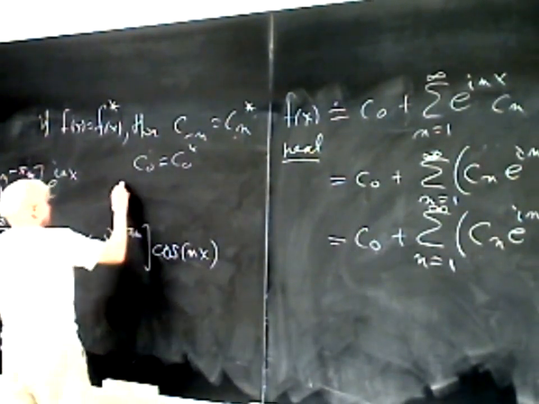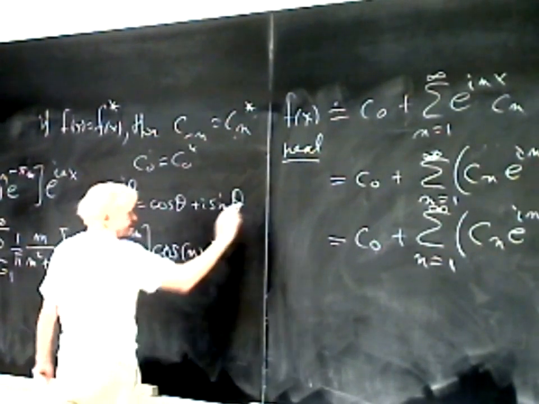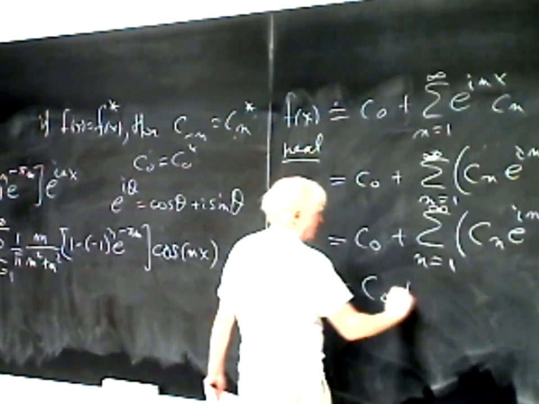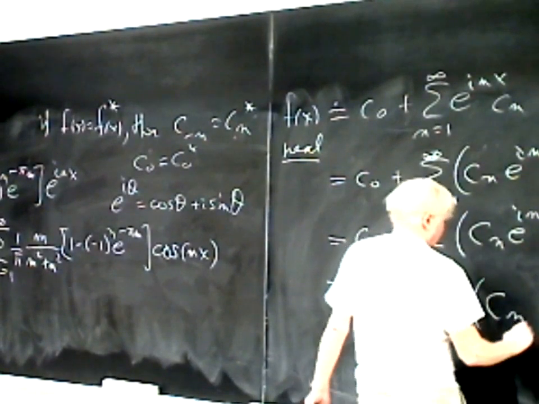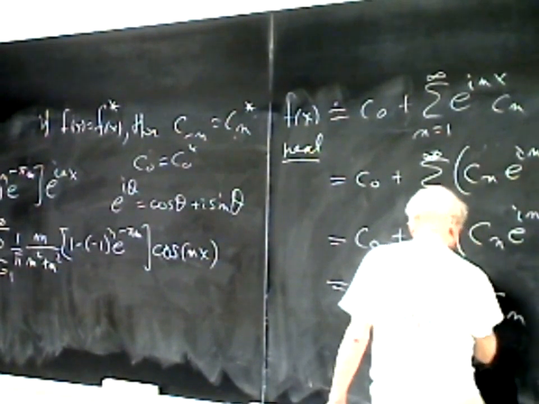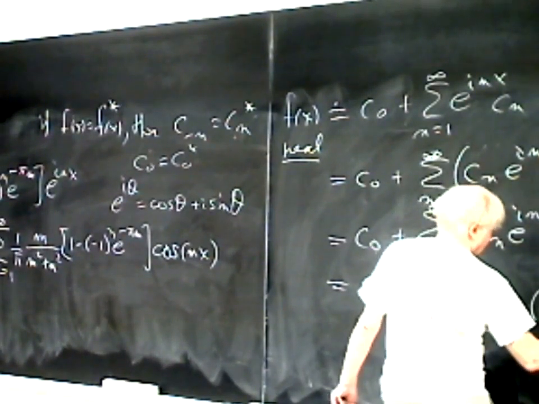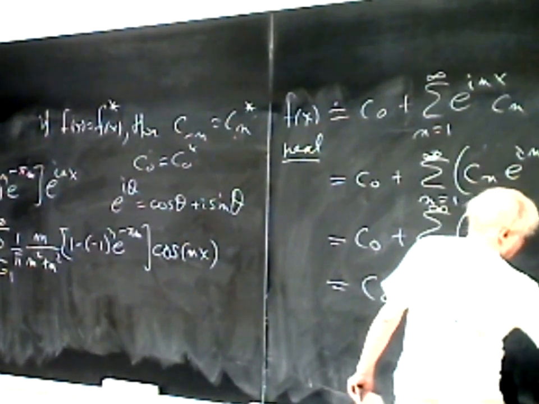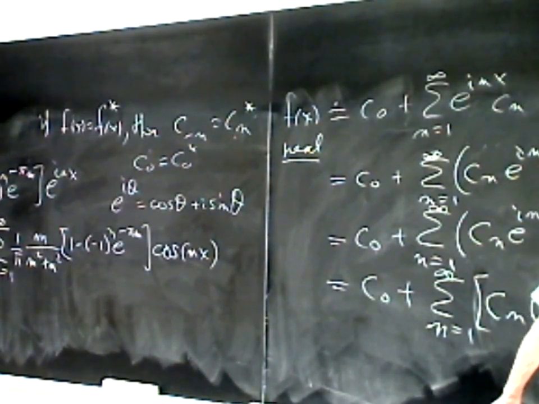Remember, e to the i theta is cosine theta plus i sine theta. And so this is equal to C0 plus the sum from 1 to infinity of Cn, maybe I should use a square bracket here, cosine nx plus i sine nx, plus Cn star, cosine is even, so this is just cosine nx minus i sine nx, sine being odd.